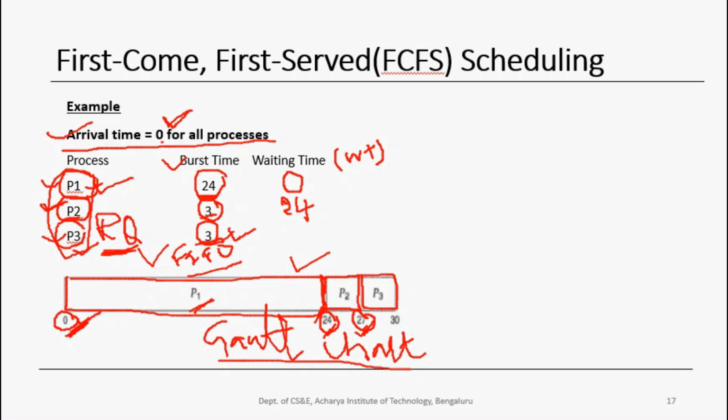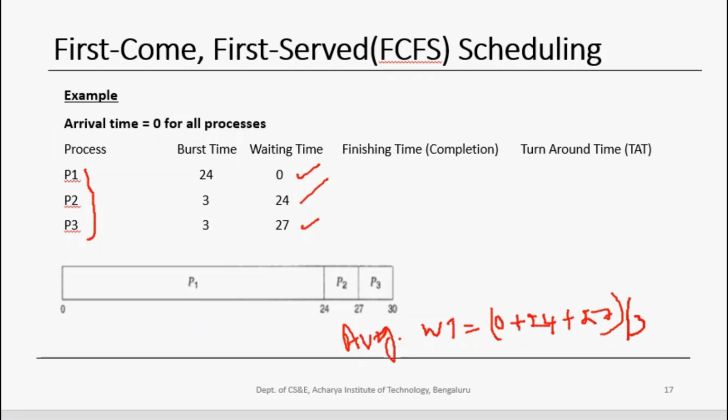P3 will wait for 27 time units. So the average waiting time is (0 + 24 + 27) / 3, that is equal to 17. If you take the unit of time as milliseconds, then it is going to be 17 milliseconds. Now, whichever scheduling algorithm minimizes this average waiting time is a good algorithm, or a better algorithm.